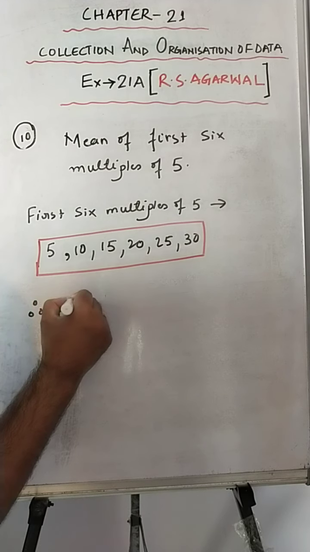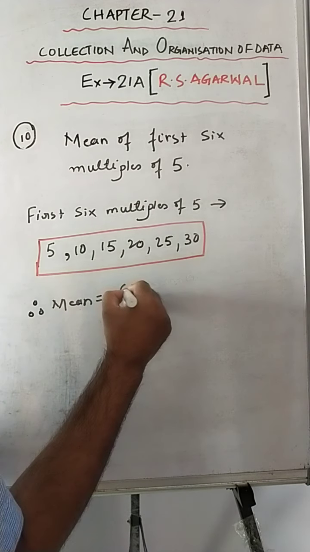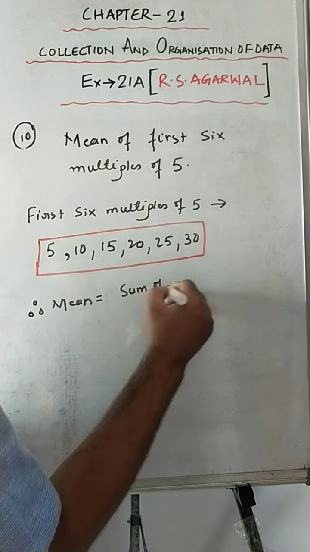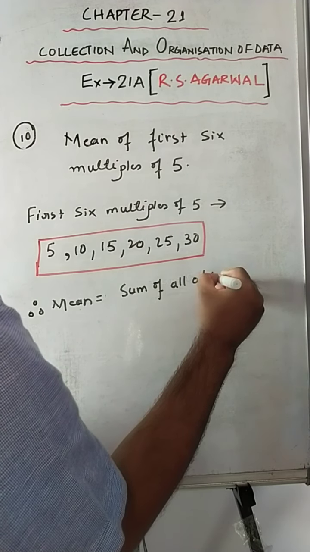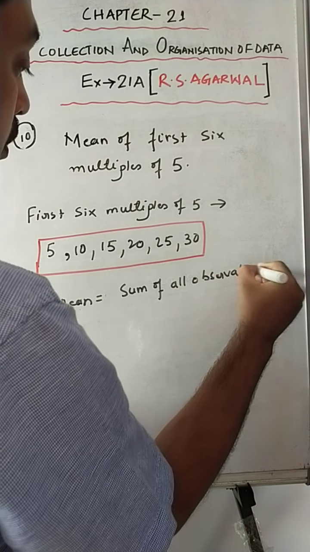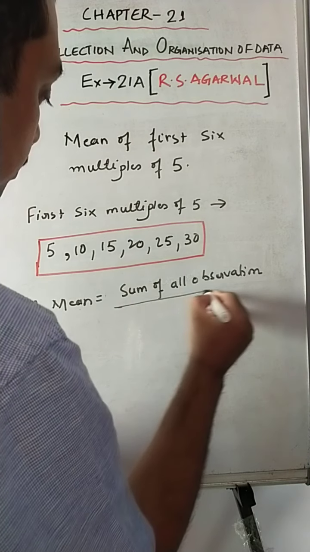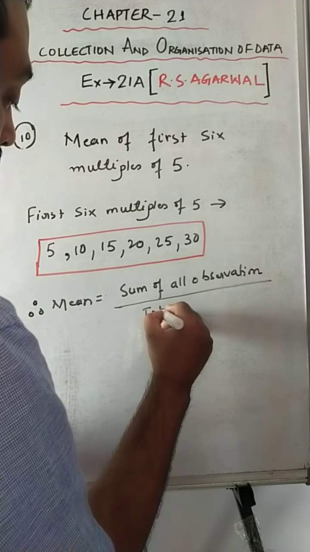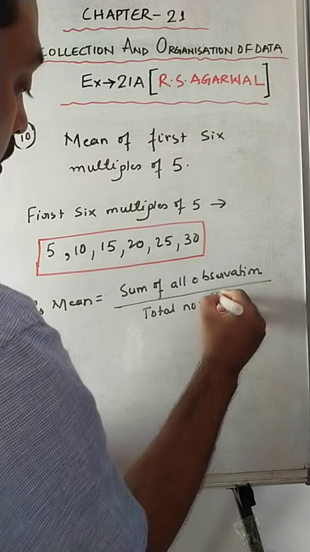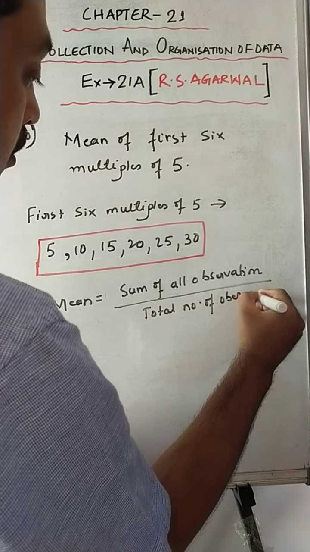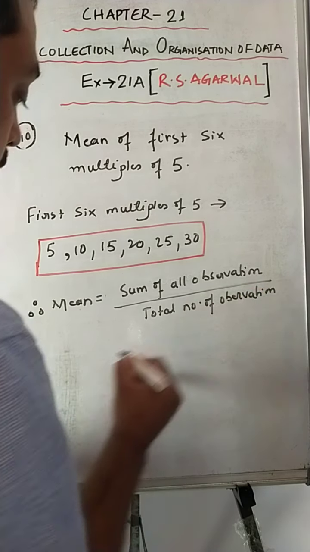Therefore mean would be equal to the sum of all observations by the total number of observations.